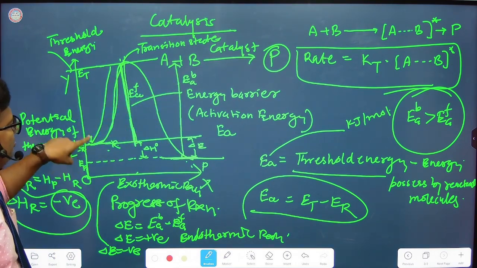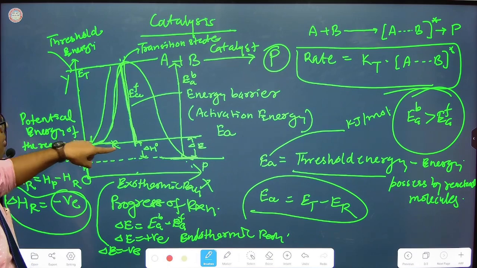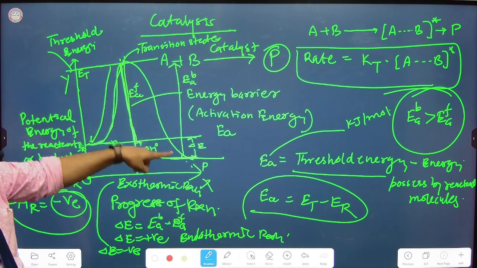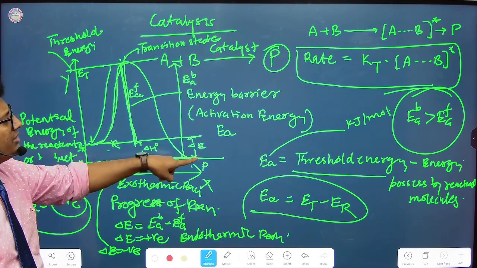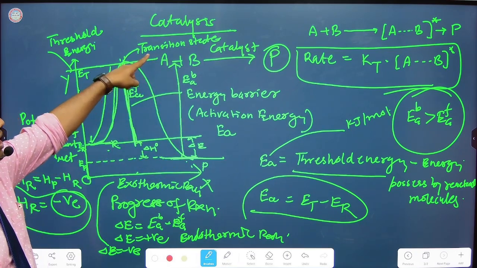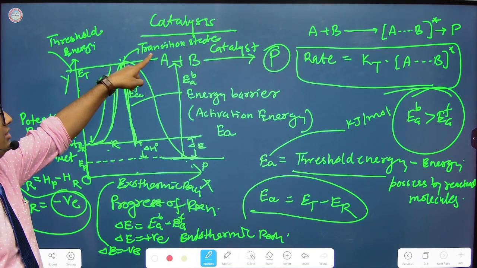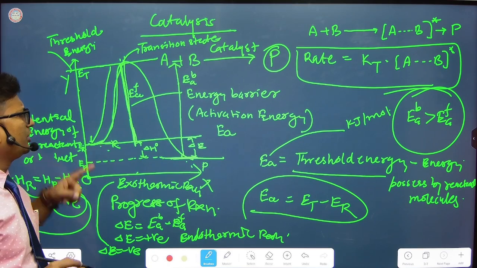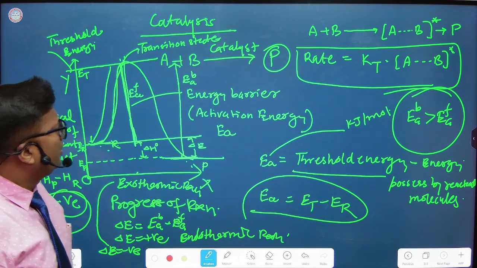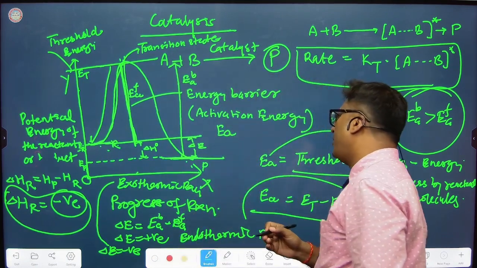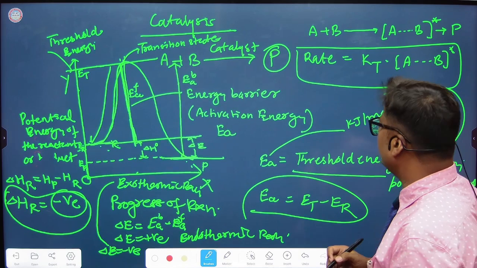So this molecule needs a minimum amount of energy to cross over this transition point, but this product molecule needs a maximum amount of energy to reach this transition point, and then only can it reverse back to form reactants. So this is actually the energy profile of this particular kind of reaction.